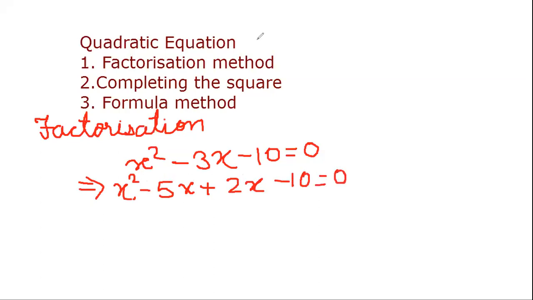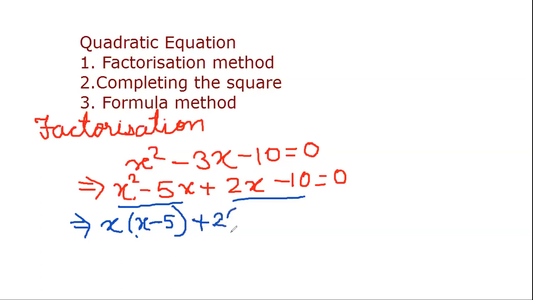Then make pairs of it. One pair is that, another pair is this. Take x as common, then x minus 5. Take plus 2 as common, then x minus 5 equals to 0.